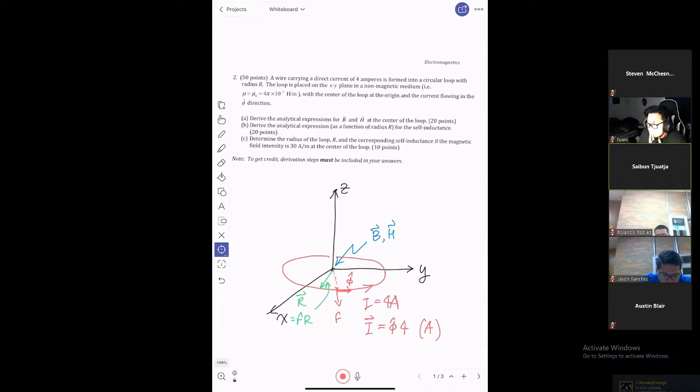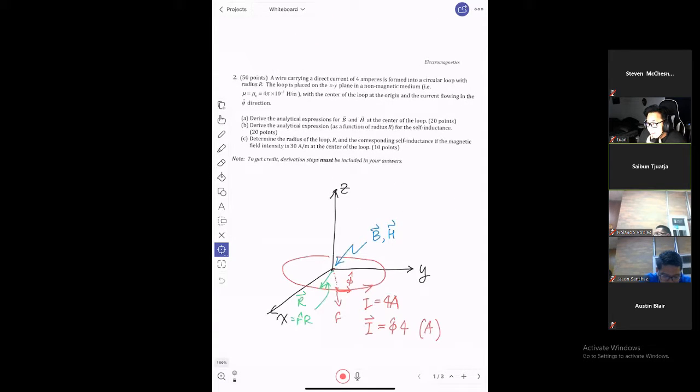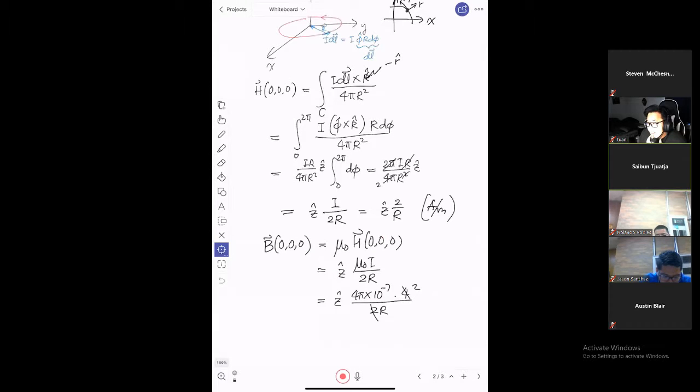So let's do the first part. What is the loop size? What is our equation from earlier? The field intensity is given as 30 amps per meter at the center of the loop. So now what we solved earlier, at the center of the loop, this is the equation.